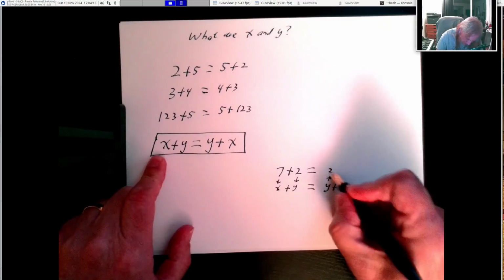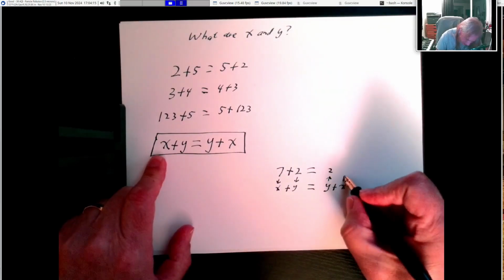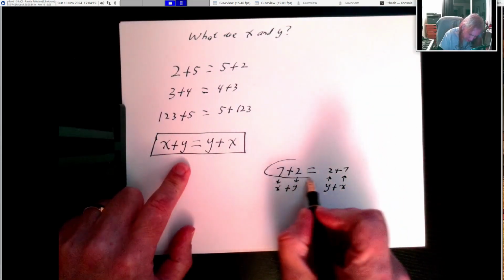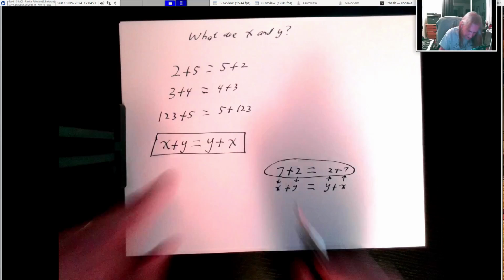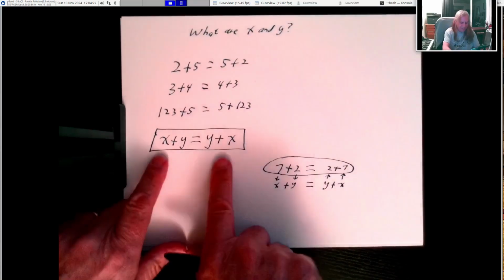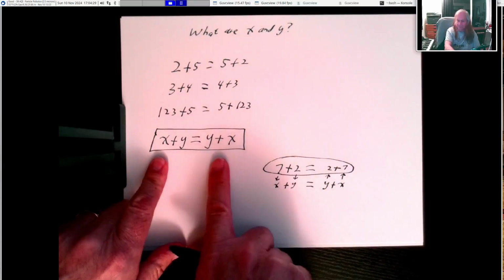Well, y is equal to 2 and x is equal to 7. And there's my specific formula, 7 plus 2 equals 2 plus 7, and I got it simply by using this general formula.